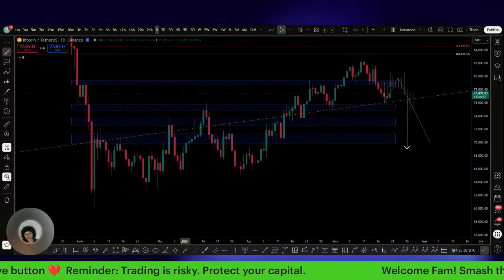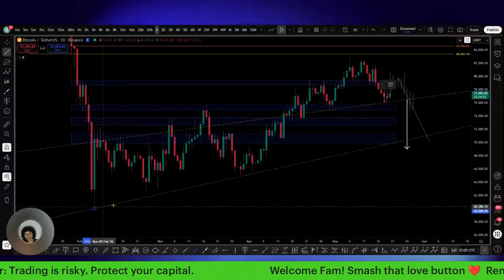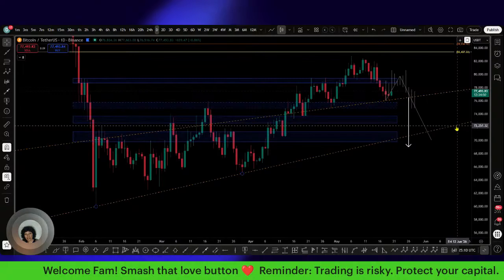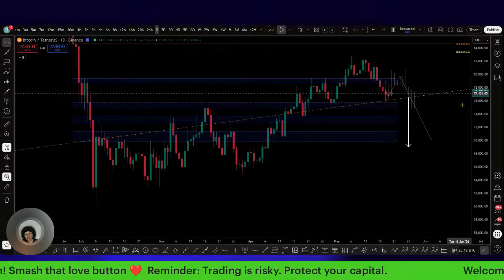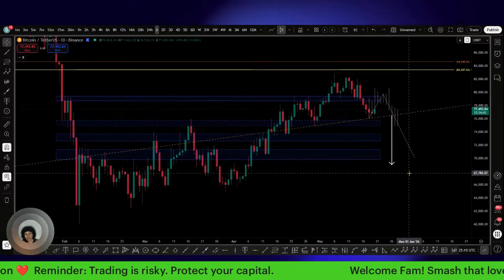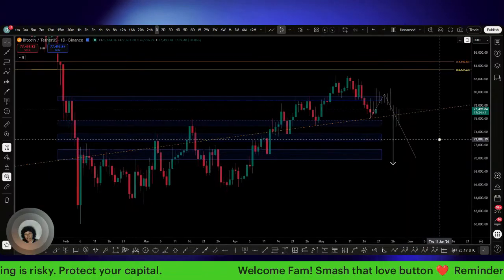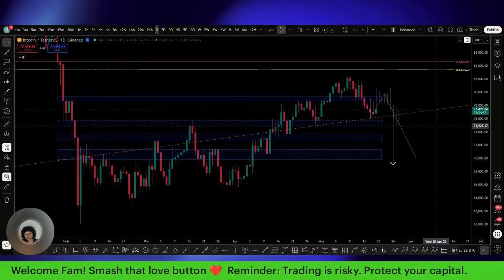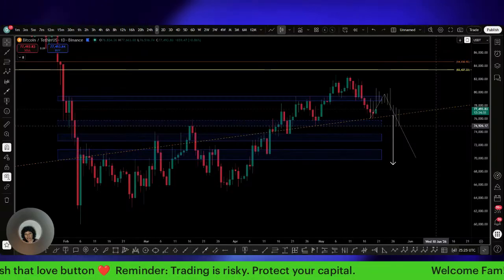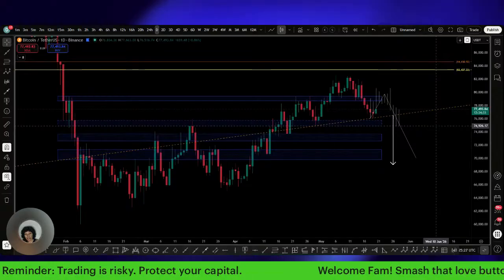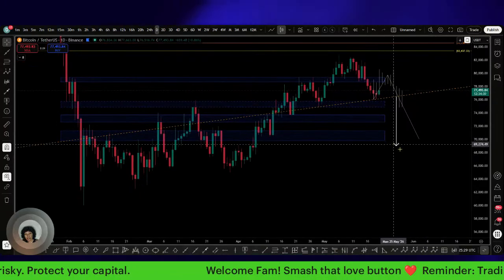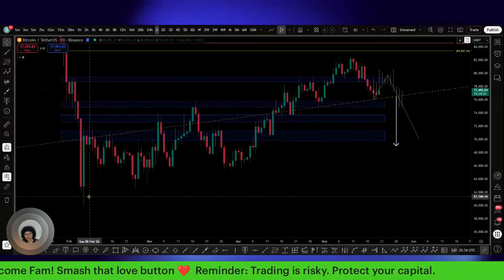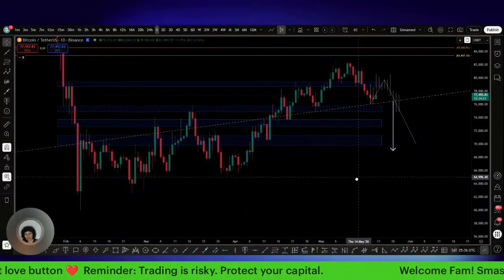Let's see. Yeah, that's below what I'm looking at for it. But if we're rolling over, we're rolling over. It will be what it will be. I guess there'll be no low except for everybody envisioning this low over here being taken, which is possible.